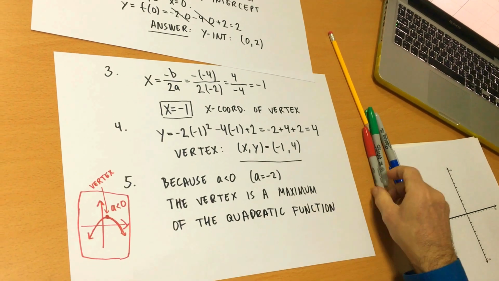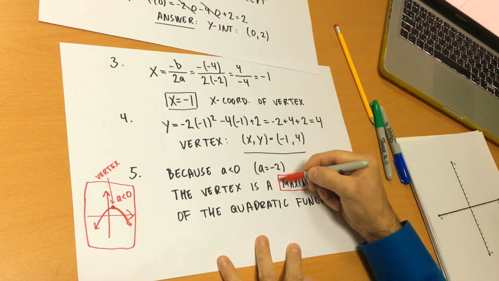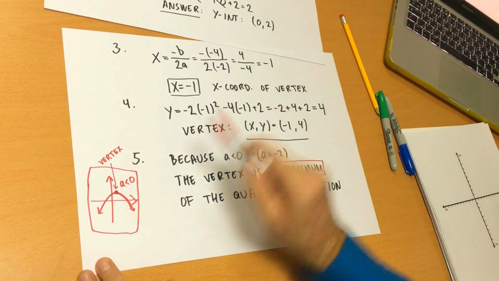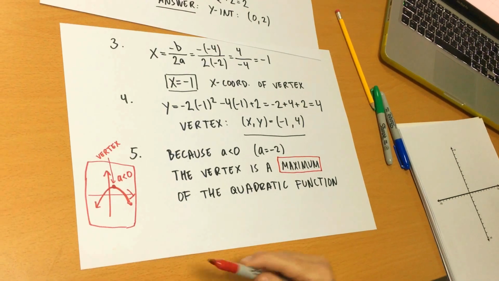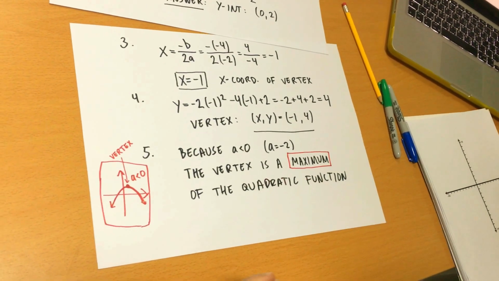Okay, so this is the maximum. The maximum I'm referring to, this guy here, would look like this if I were to graph our function in a more precise way. So good, that's all there is to step number 5. Let's do the last two steps.